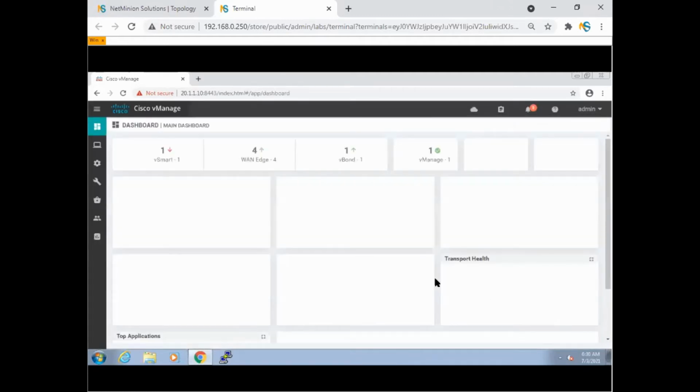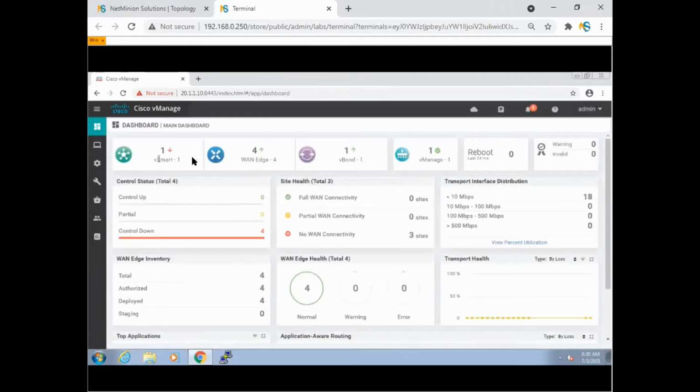See, this is your controller, and this controller, as I told you, is required for your management plane only. Okay, so you can see a lot of things over here, that my vSmart is down. Why is it down, by the way?